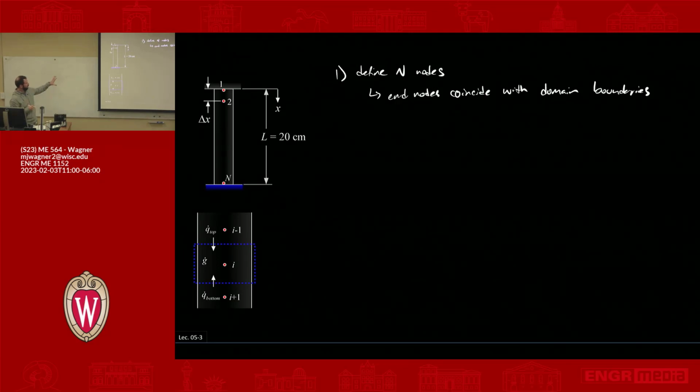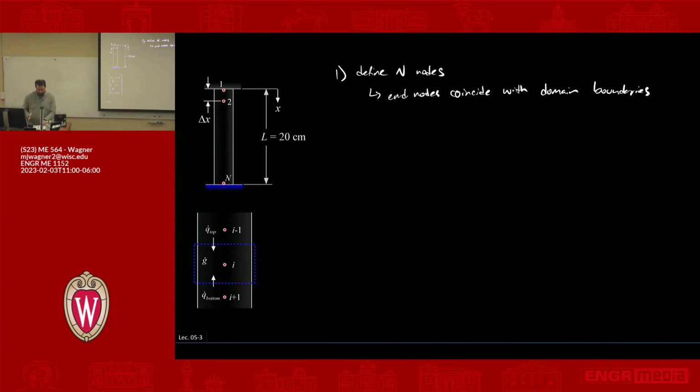For this type of finite difference problem, you're usually going to want to have the node on the interface. And why is that? Well, because I have to enforce boundary conditions eventually. It's much easier to enforce a boundary condition on a node than on some distance from a node, right? So we'll put the nodes on the boundaries.